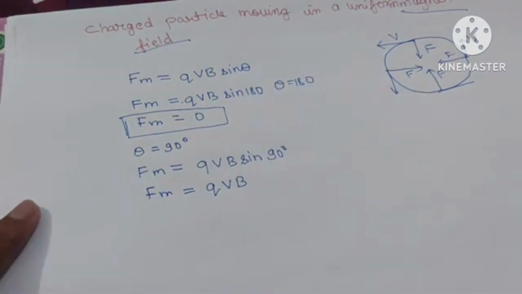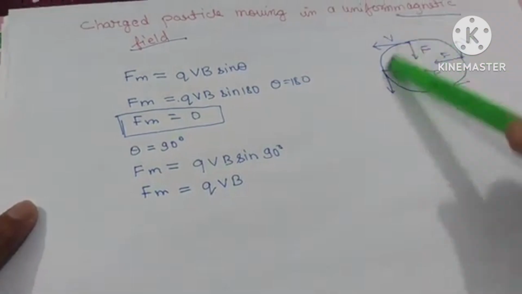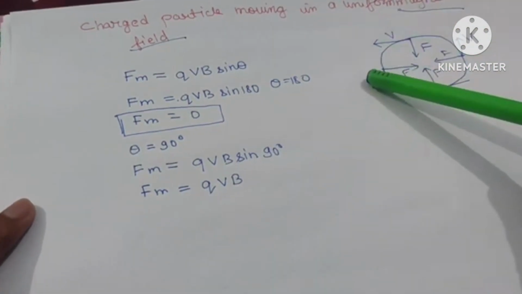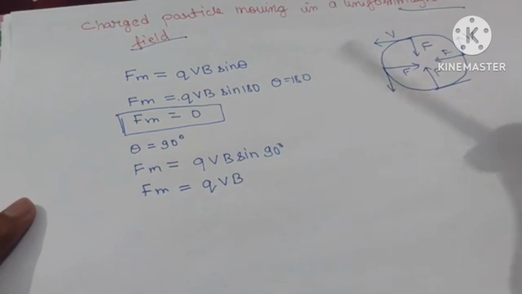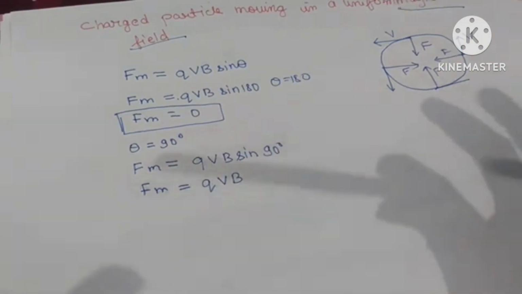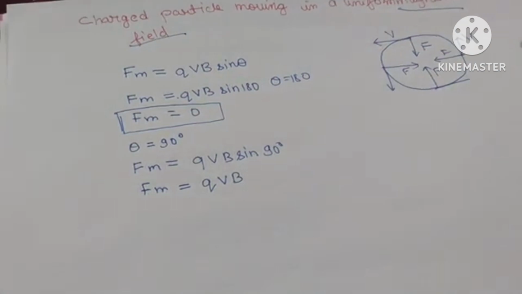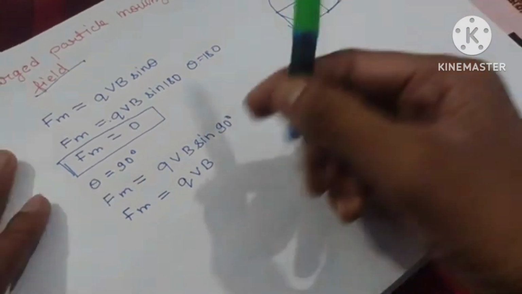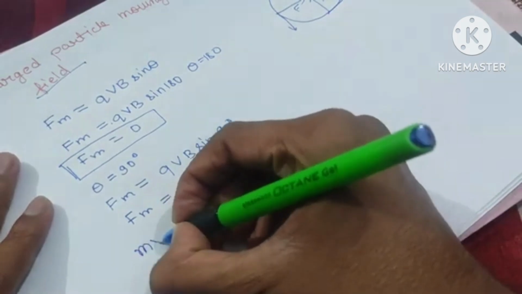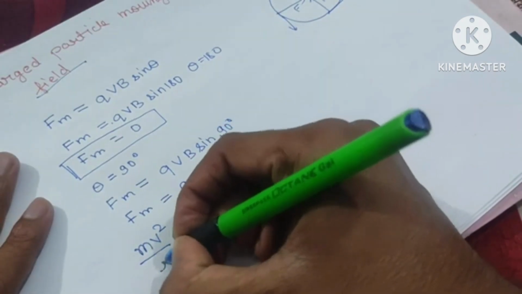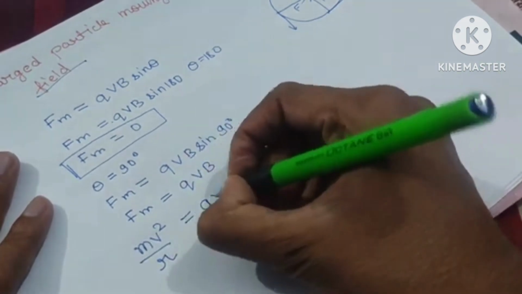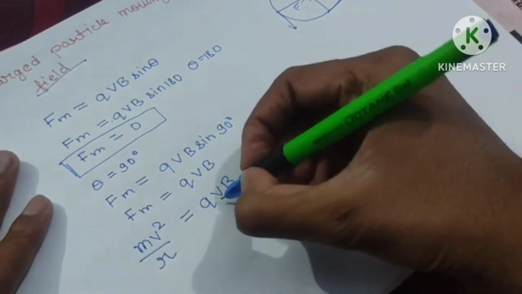Now you know it is a circular path, so the force will act as the centripetal force, which is mv squared by r. Put mv squared by r equal to qvB.